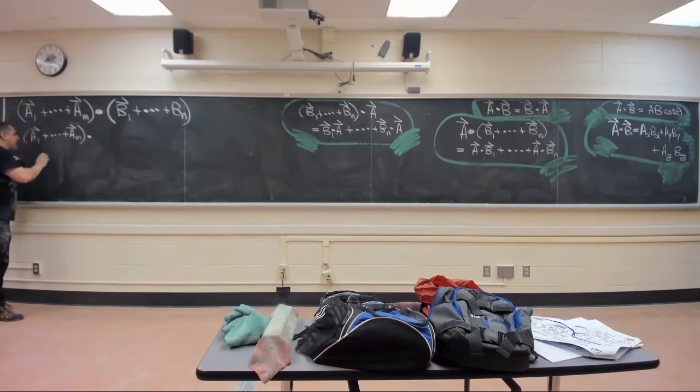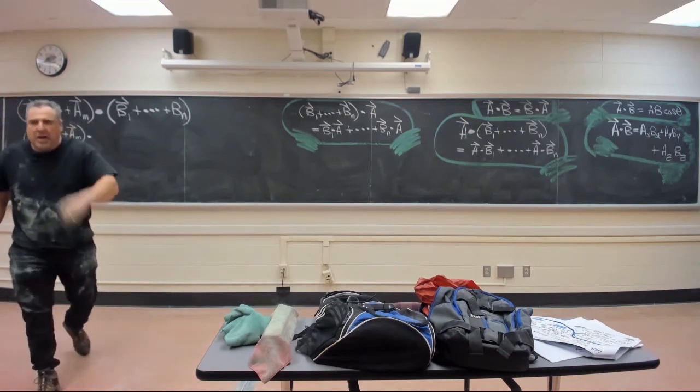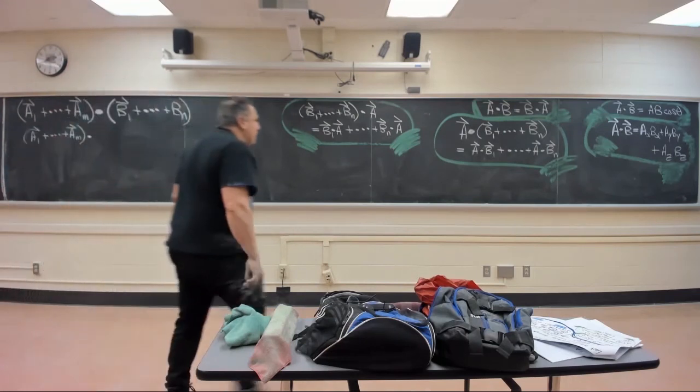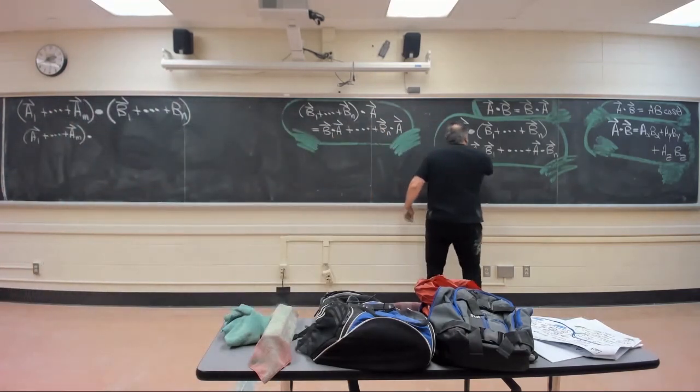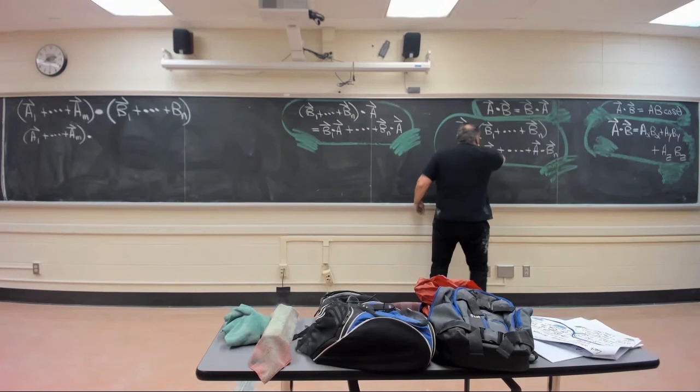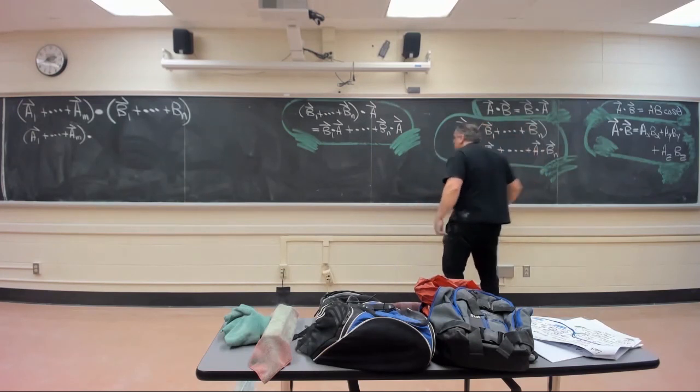All these vectors added together. A sub 1 vector added with A sub 2 vector, added with A sub 3 vector, all the way to A sub m vector. The sum of all these vectors is one big vector. We'll call it A, the A vector. You know the deal.